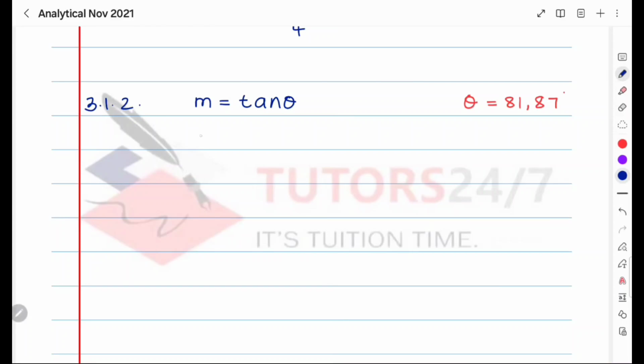We're going to substitute our value of theta. From here, we can put this into our calculator, and we therefore have the gradient of the line AB as equal to 7. And that is it.